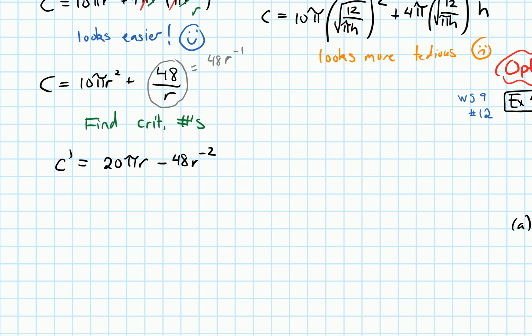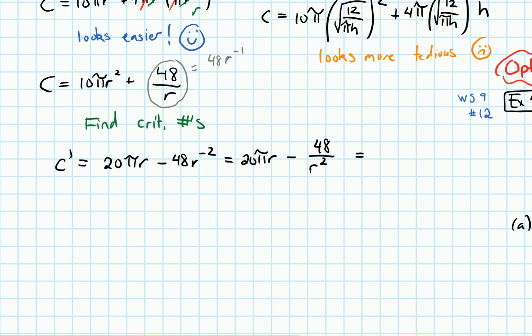All right, so let's simplify this derivative a little bit. Okay, so this equals 20 pi r. And let's rewrite this negative exponent by bringing it to the denominator. So I'll get minus 48 over r squared. And now to combine these, I can get a common denominator.